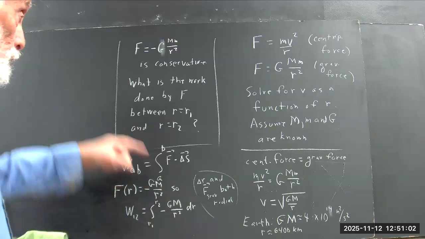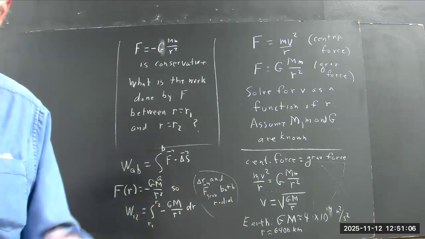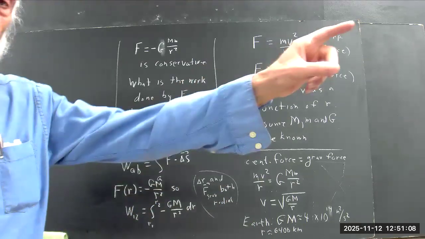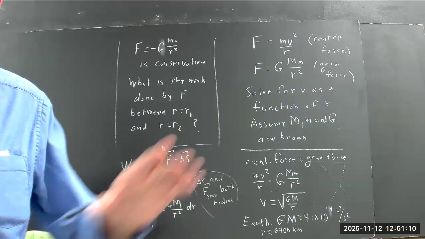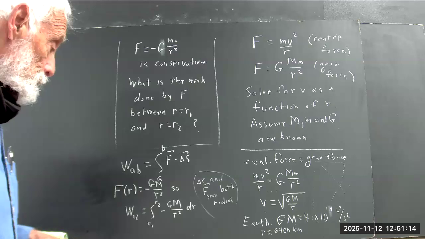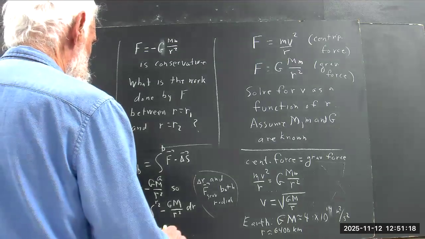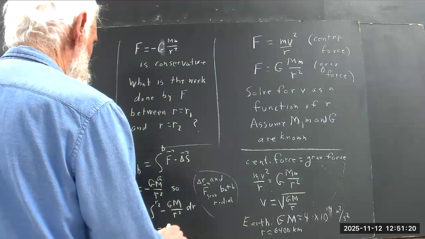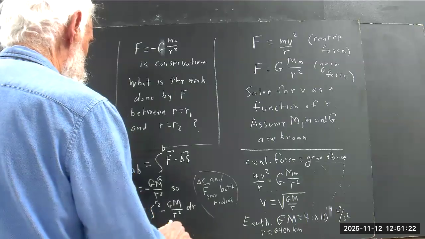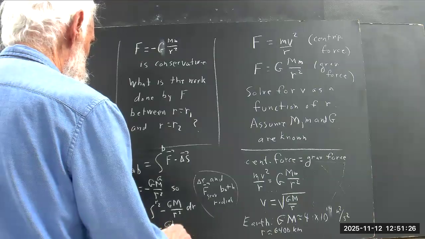That depends on whether R1 is bigger or less than R2. But if R1 is less than R2, then we're moving away from the center because R is increasing. Well, you do that integral. So your final answer is yours.